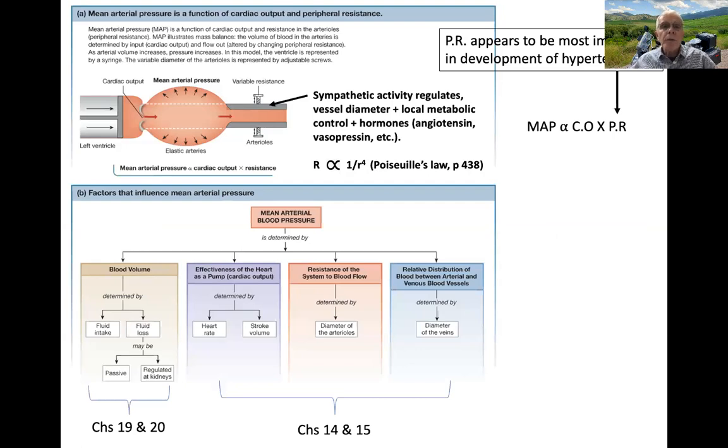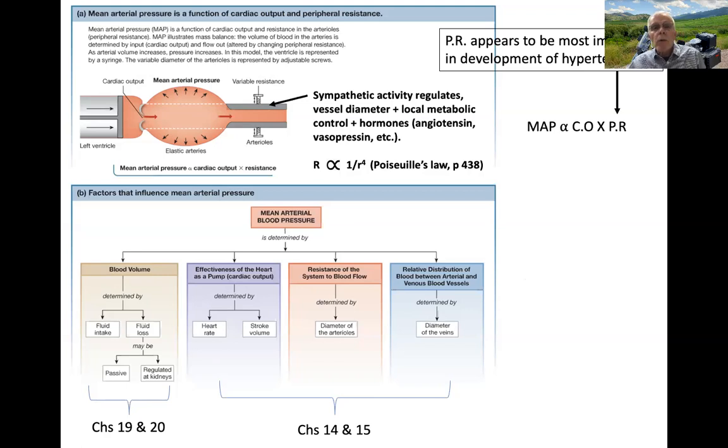This cartoon illustrates, in a cartoonish fashion, those factors that affect the mean arterial pressure in the system. And I've added some text over here to draw your attention to this as well. The mean arterial pressure is the driving force that moves the fluid through this system.